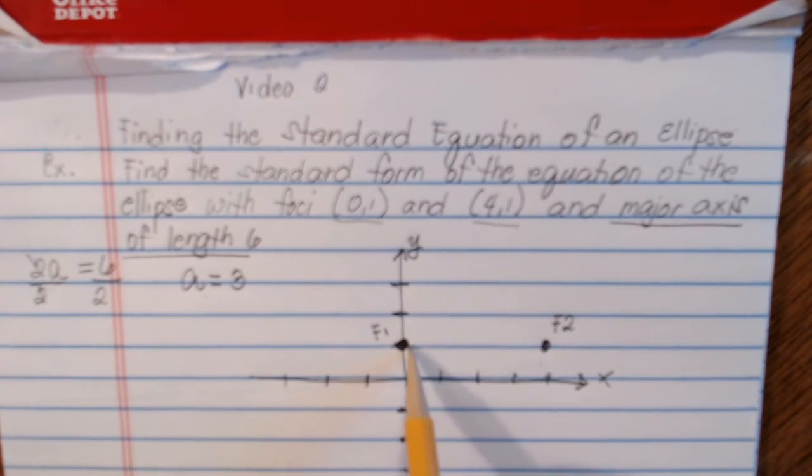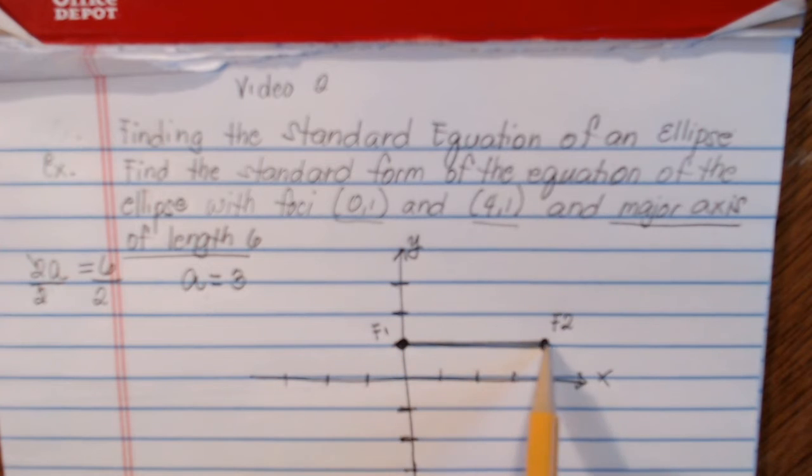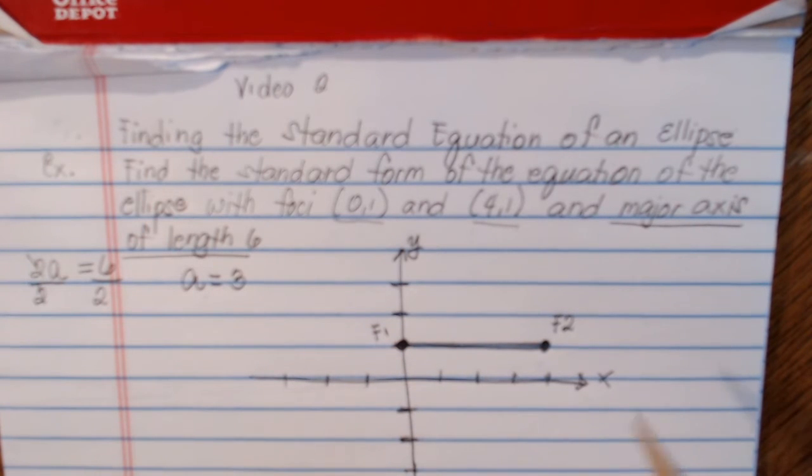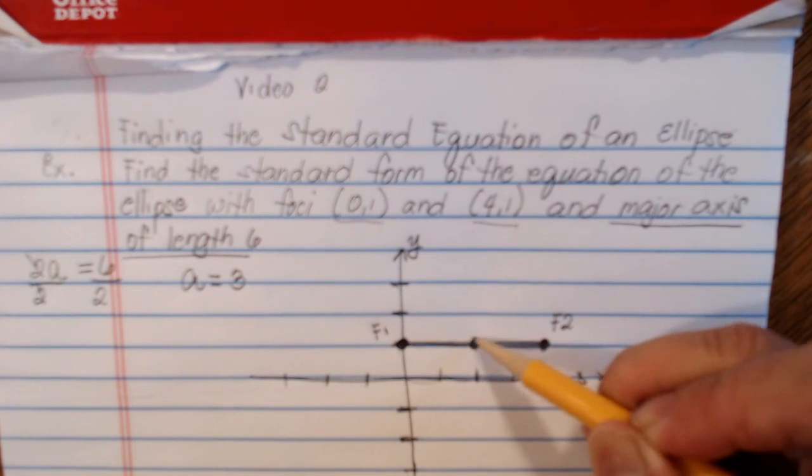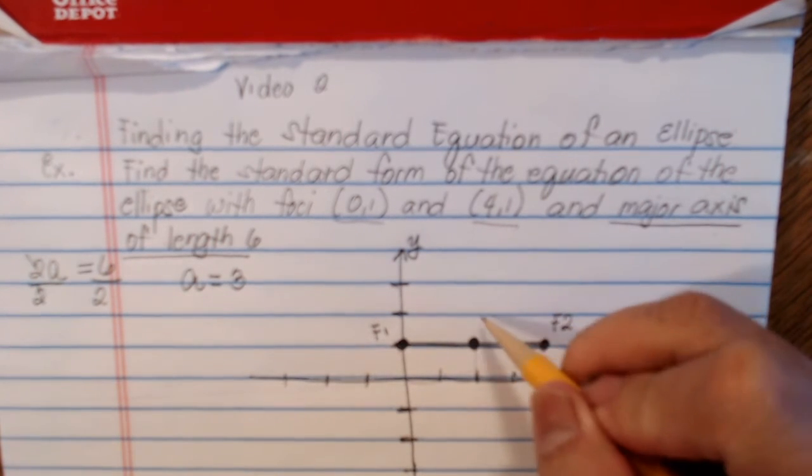Now you see, if you connect these two points, you can get the midpoint. And what is the midpoint? This is (0, 1), this is (4, 1), and you see how many units? 1, 2, 3, 4. You know that this is the midpoint, and that is your center.